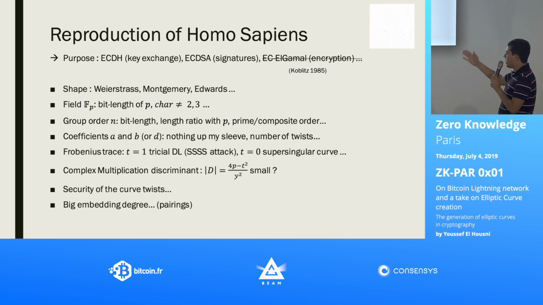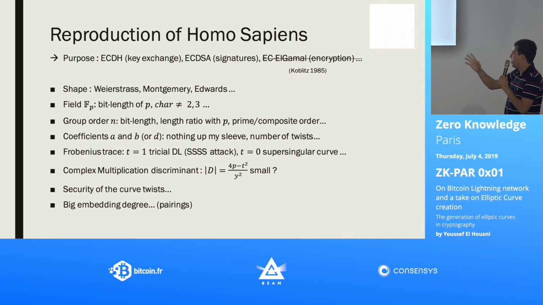So why? Because we know that for some specific cases, the security of the elliptic curve is not good. For example, if t is equal to 1, we know the discrete logarithm problem is very trivial, it is an additive transfer. We call it the SSSA attack, but I think the first one was Semaev, when he was working at HP.